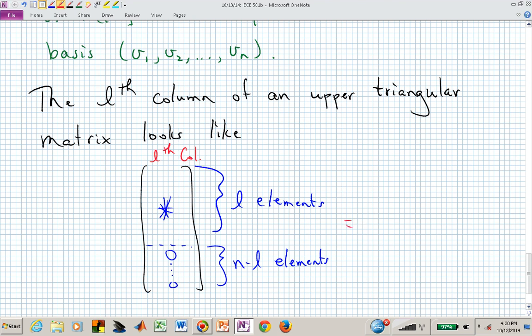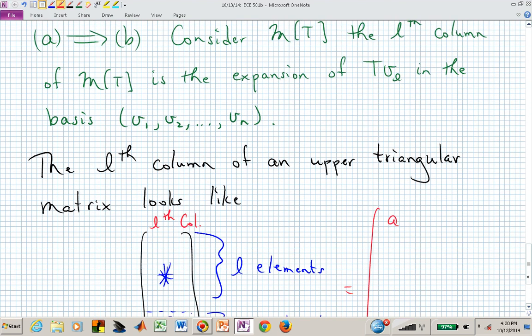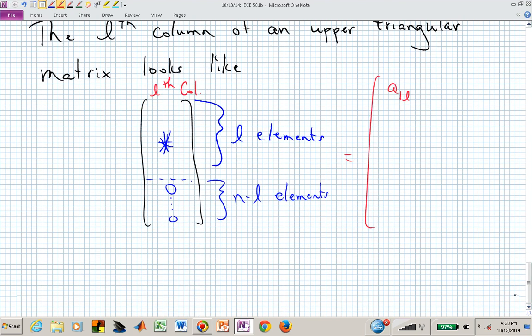Or we could say that, using our notation, it's the nth basis vector represented in terms of all the other basis vectors, and so this is now the first basis vector, or the scalar multiple of the first basis vector that is needed to represent the nth column in T v sub L. Then we have A sub 2L all the way down to A sub LL, and below that, 0.